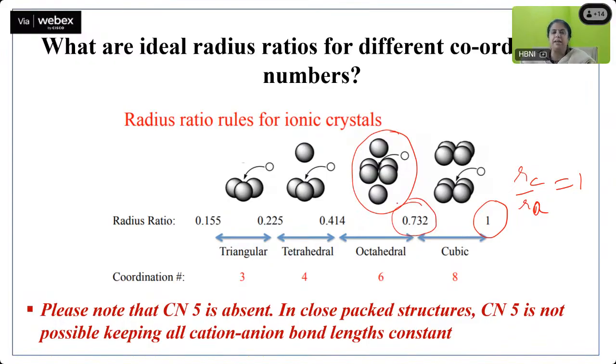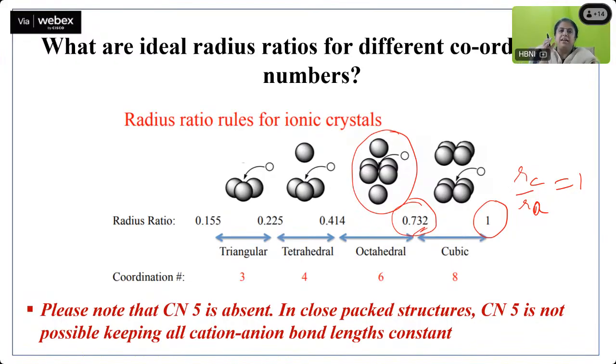At R_C by R_A equal to 0.732. And as we will discuss later, these are not hard and fast, but only general guidelines. You can never really expect the ratio of cation and anion to the third place of decimal. But these have come from geometrical considerations and are also found to be true.